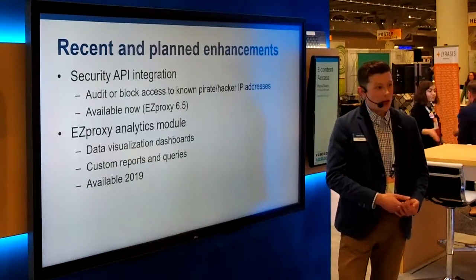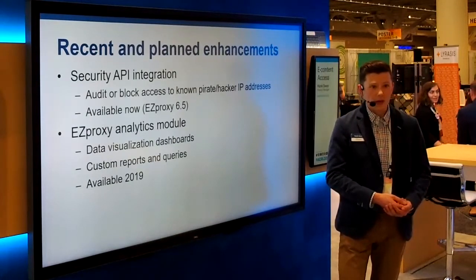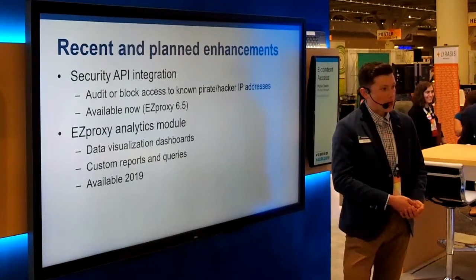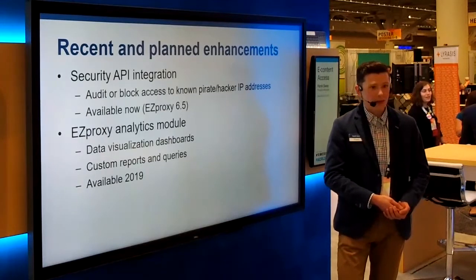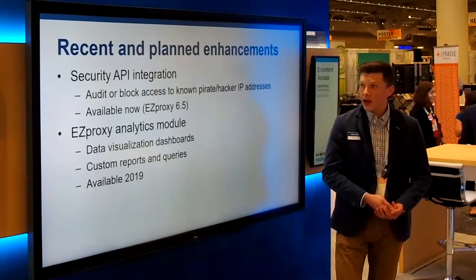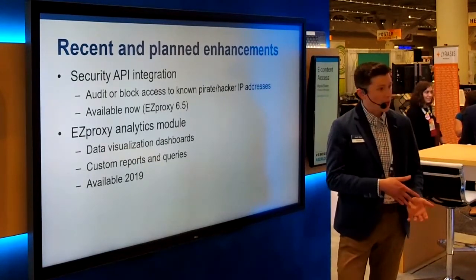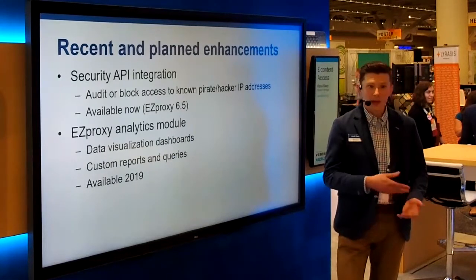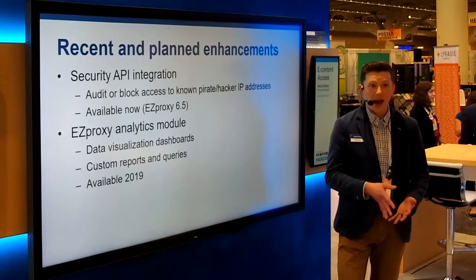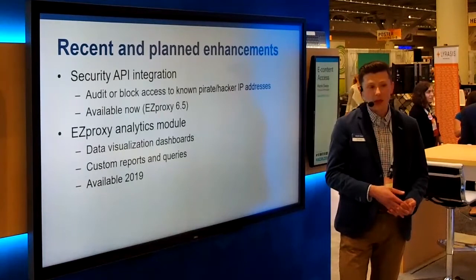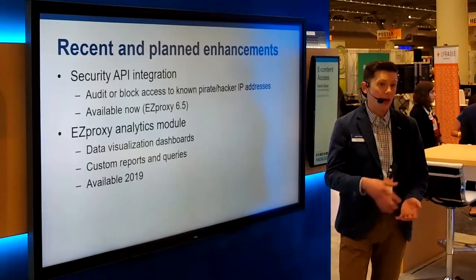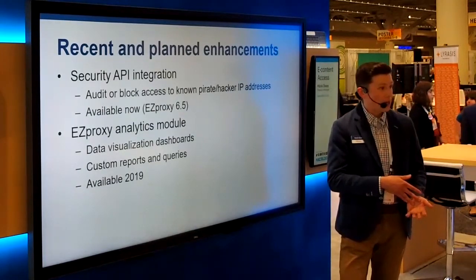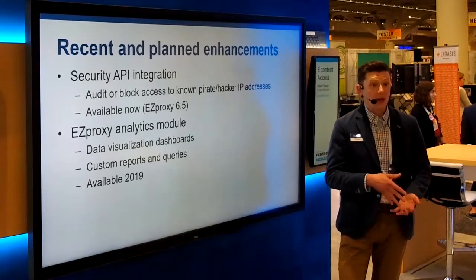So what the security API allows you to do is either audit or block access from certain IP addresses. And PSI maintains a database of IP addresses that are known to be associated with pirate or hacker activity. So you can automatically turn away users coming from those IPs via your EasyProxy server.